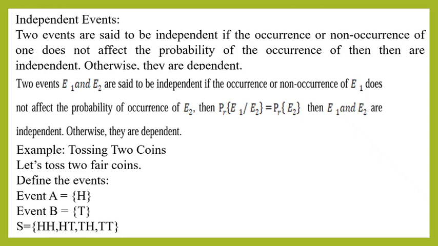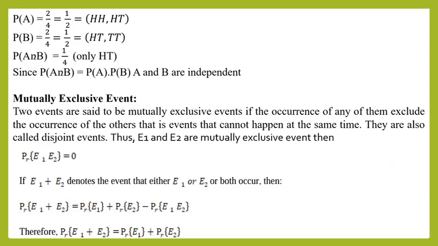Example, tossing two coins. When we toss two coins, the sample space has 4 outcomes: head head, head tail, tail head, or tail tail. Then assuming we define event A if a head comes, event B if a tail comes. So the probability of A, that is, at least a head will come, will be head head, head tail. The probability of B, at least one tail, will be either head tail or tail tail.